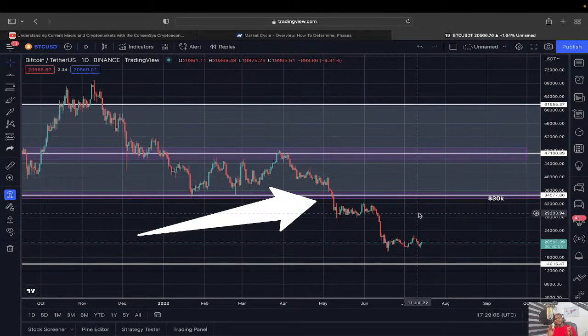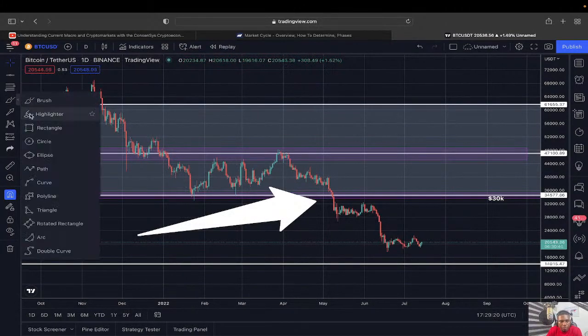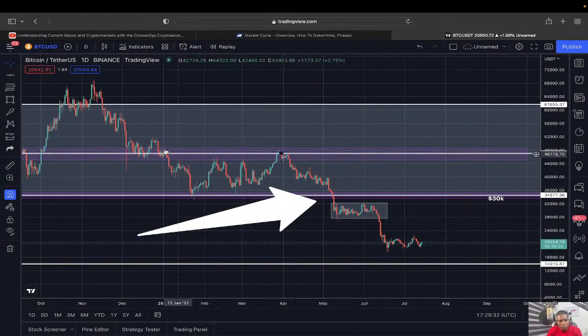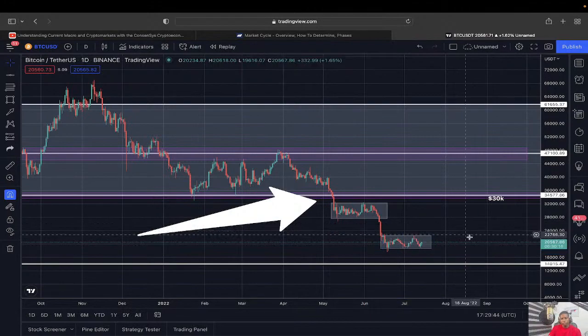So we might see some other great opportunities showing up in the daily time frame. All right. Now look at what happened here. Look at what happened here. And look at what is happening here. Okay? Now let's zoom in.